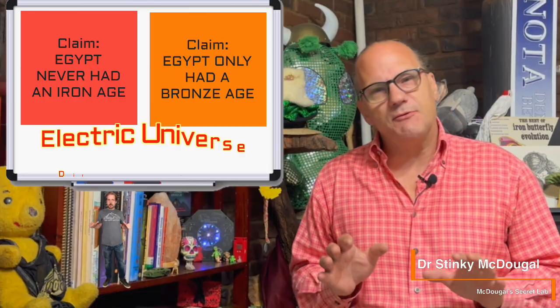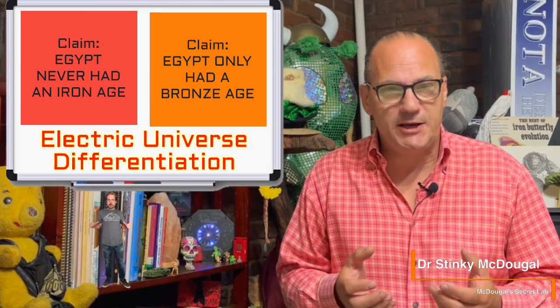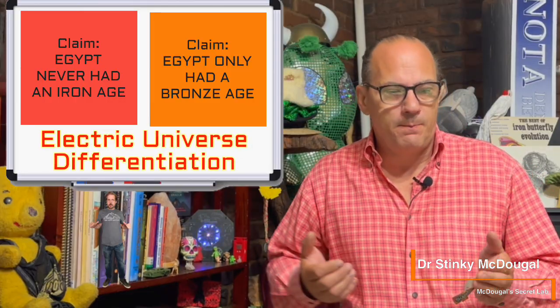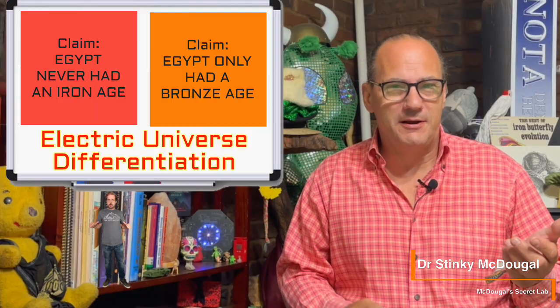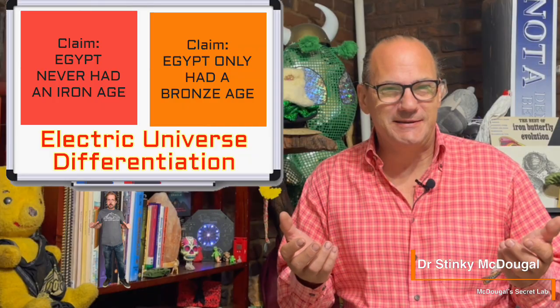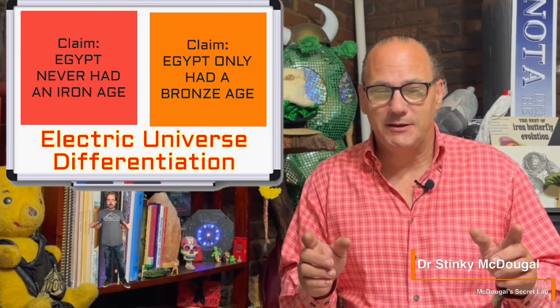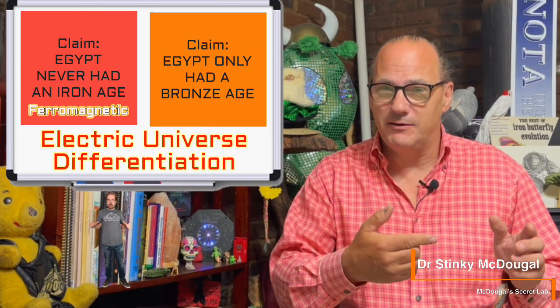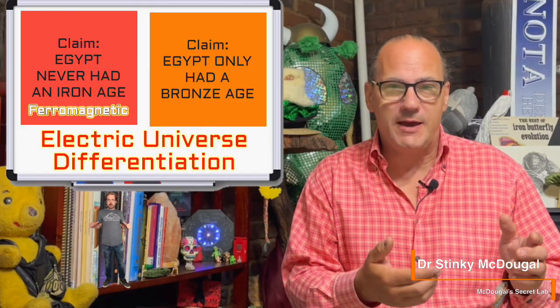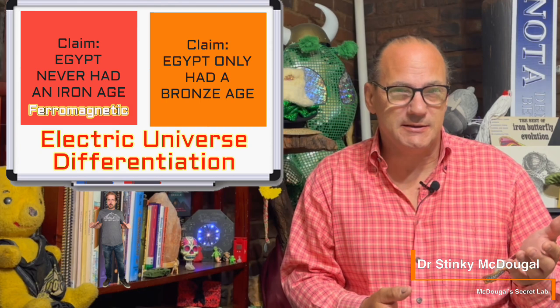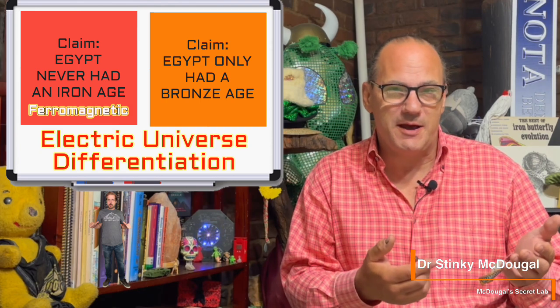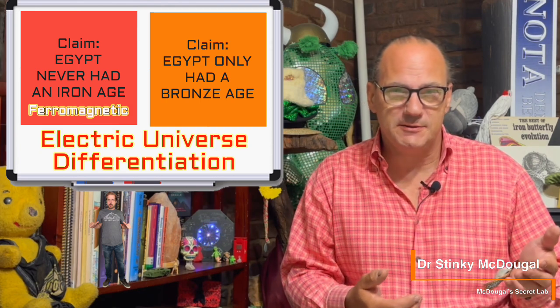And in an electric universe interpretation of these sites, what's the primary difference between iron and bronze? And the answer is that iron is a ferromagnetic element. It attracts magnetism. It is affected by magnetic fields.